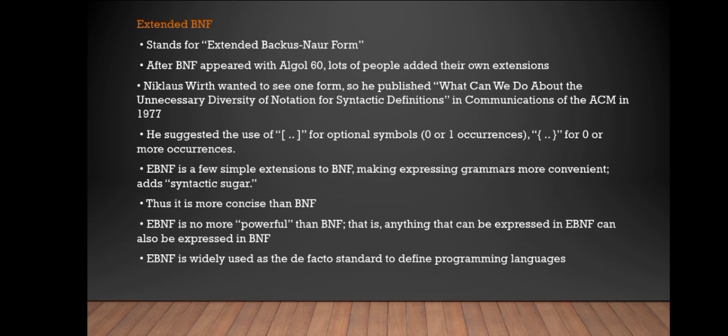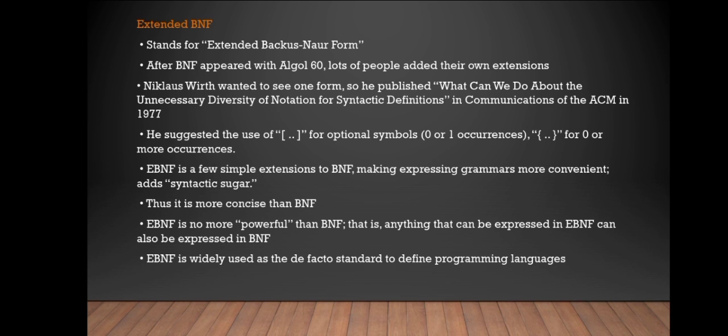Extended BNF stands for Extended Backus-Naur Form. After BNF appeared with Algol 60, lots of people added their own extensions to it. Niklaus Wirth wanted to see one form for programming languages, so he published "What Can We Do About the Unnecessary Diversity of Notation for Syntactic Definitions?" in Communications of the ACM in 1977.